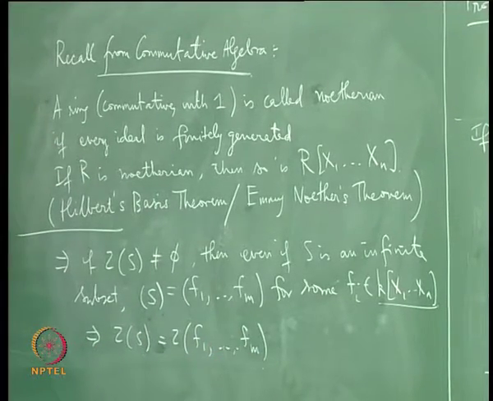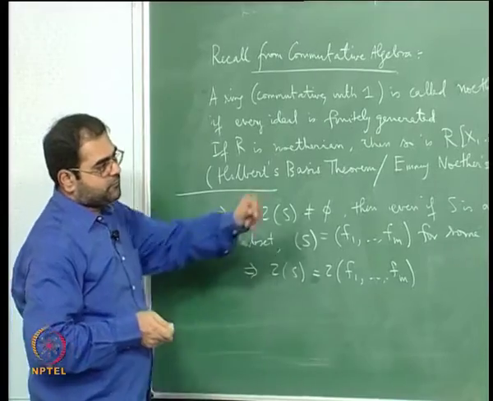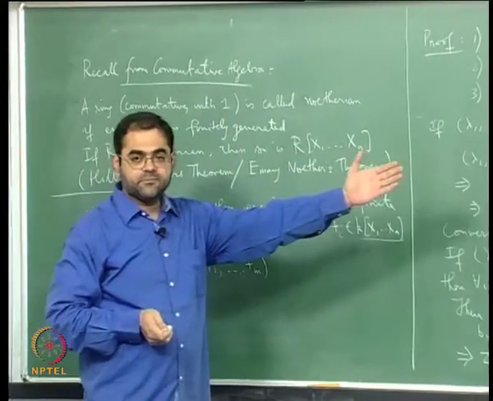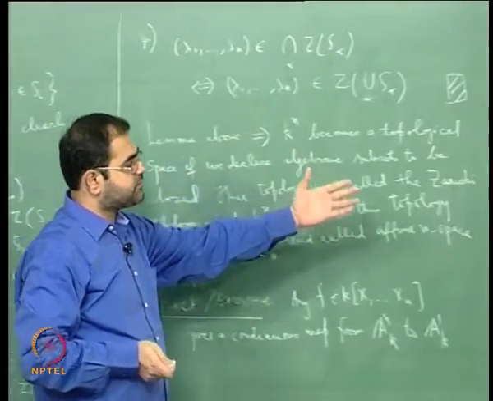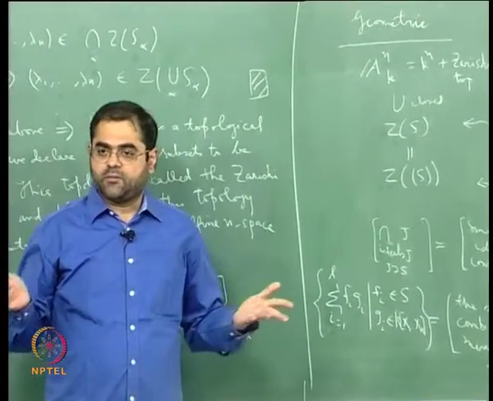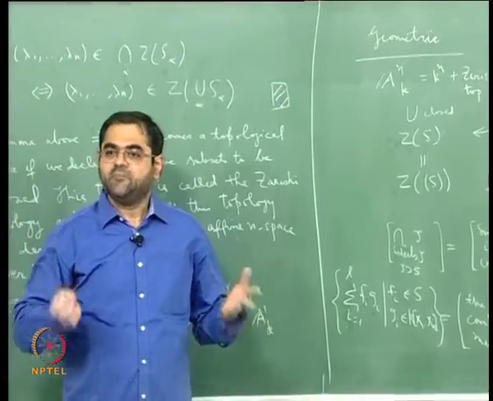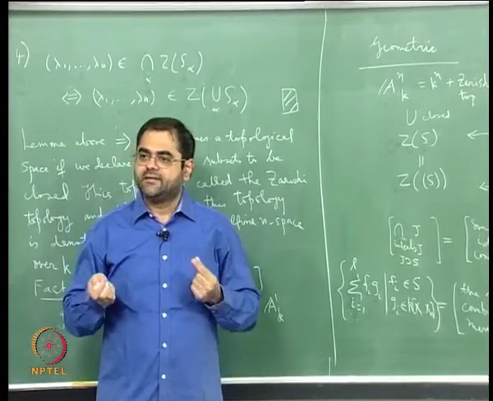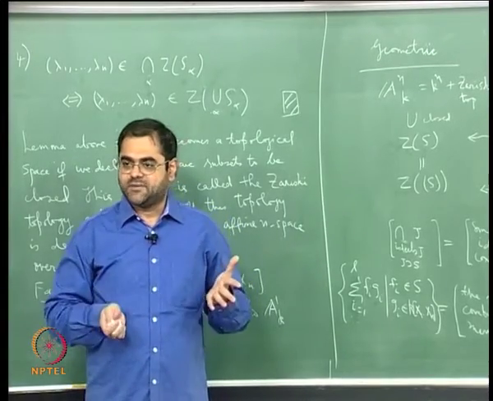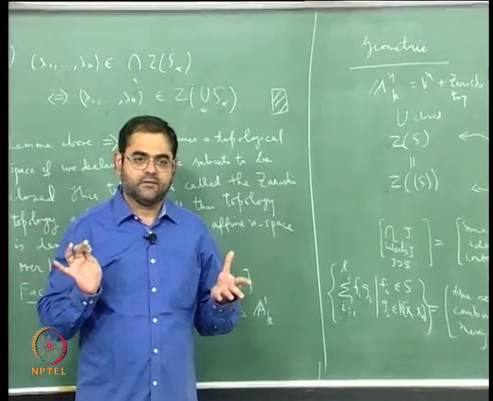So the moral of the story is, when we started defining algebraic sets, we were looking at common zeros of a bunch of polynomials which could be even infinite, but in principle finally we are only studying common zeros of finitely many polynomials, and that's very heartening.